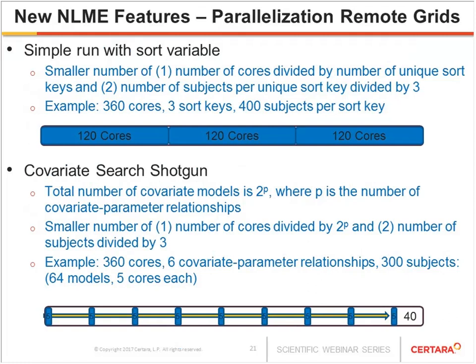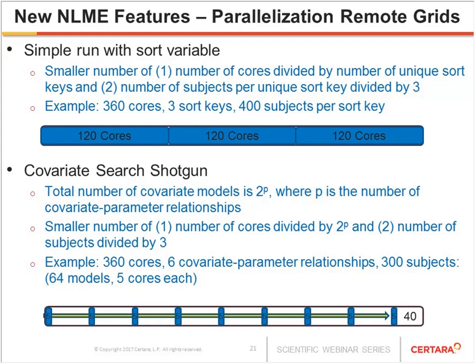And it's also going to divide the number of cores by the sort keys, 360 divided by 3. And it's going to take, again, the smaller number. So the smaller number would be 120, which is 360 divided by 3. And so it'll essentially parallelize all 3 runs. They'll run simultaneously, and each run will be parallelized across 120 cores.